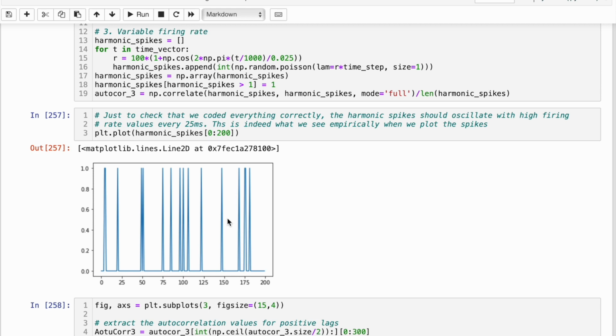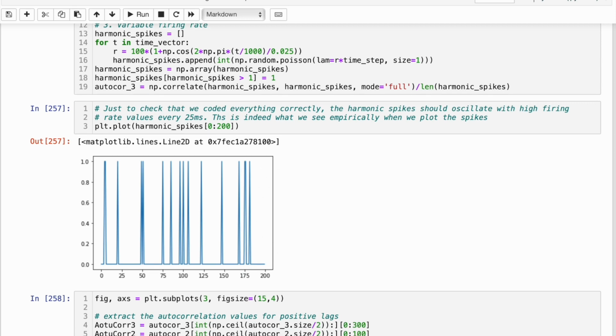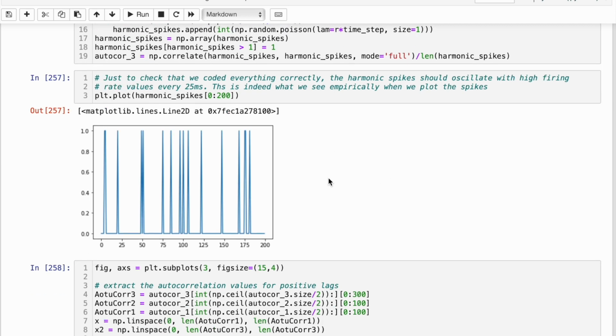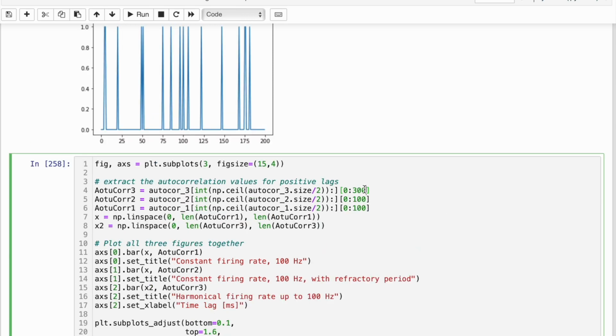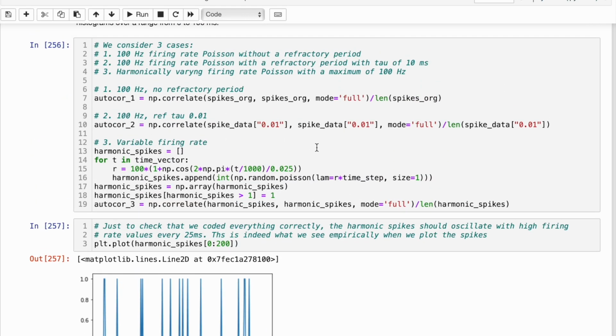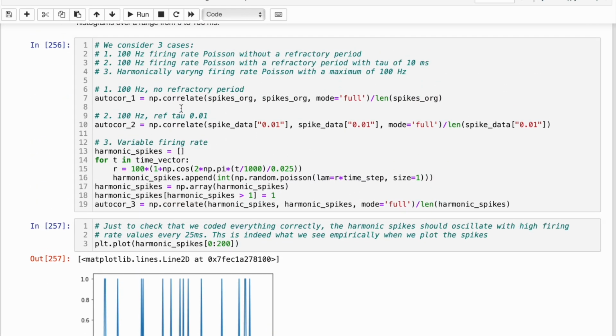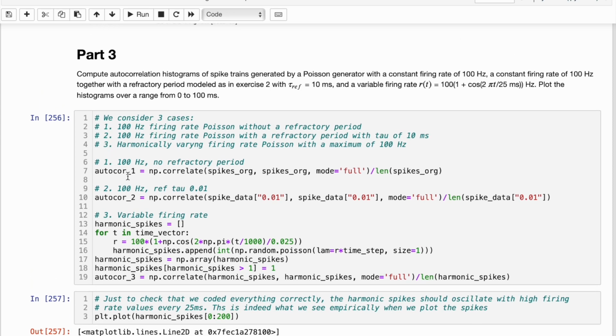You can see these periods of inactivity separated by periods of slightly higher activity. So you can convince yourselves that we did this correctly, and move on to the actual autocorrelation. What we're going to do now is get the actual autocorrelation function.